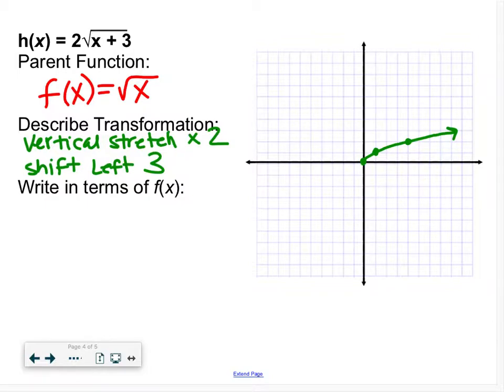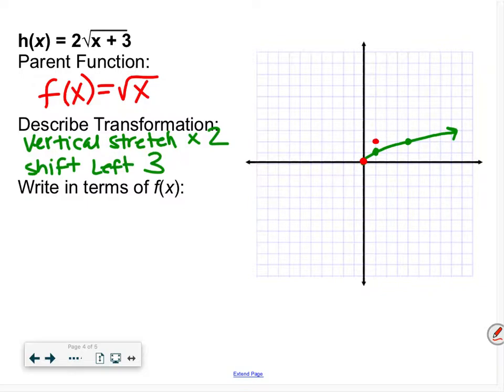So if we have a vertical stretch by 2, our y values are getting affected by 2. So in red here, I'm just going to take these coordinates, and we're going to multiply all the y values by 2. So this y value is 0. That's really not interesting. This y value is 1, so it stretches to 2.